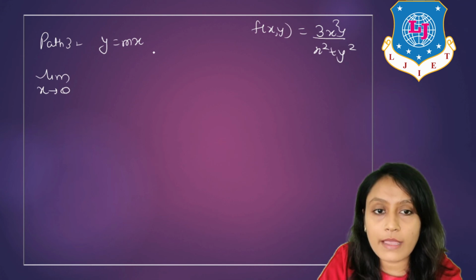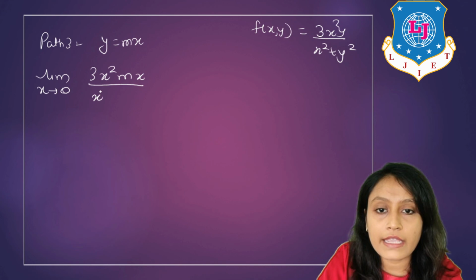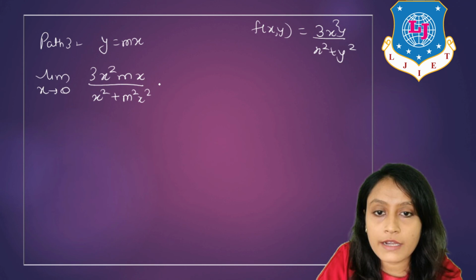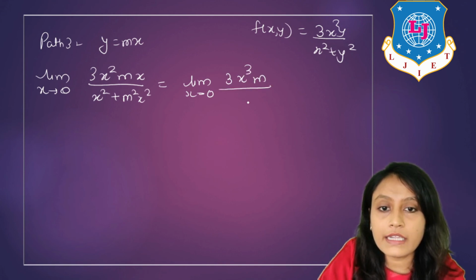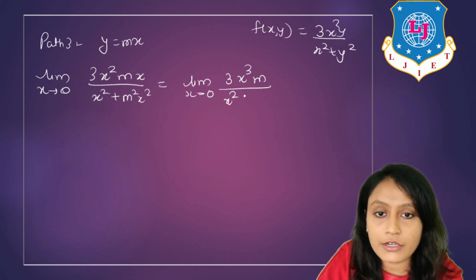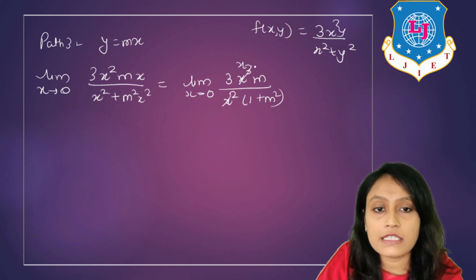Since y equals mx, in place of y write mx, upon x square plus, in place of y, mx, so we get m square x square. Simplifying this, we get limit x tends to 0 of 3x cube m upon, taking x square common from the denominator, 1 plus m square. This x square will get cancelled, and 1 x will remain over here. Now in place of x substitute 0, so this answer goes to 0.